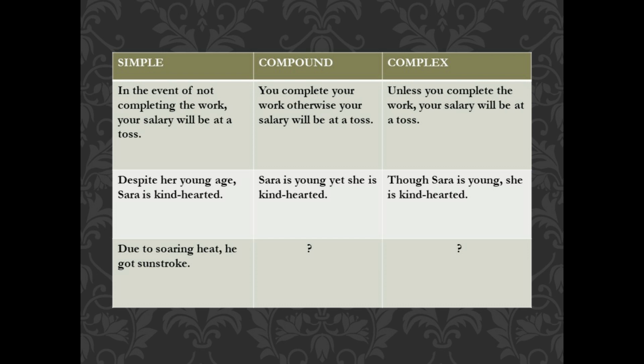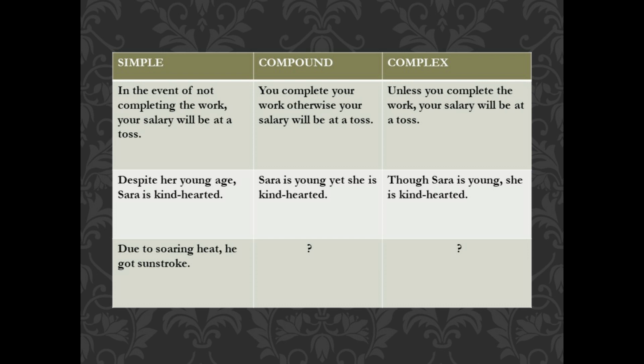Okay, so here in this complex sentence, you might notice that you have a comma there. After "unless you complete the work," you have a comma. Why is that so? Let's suppose this sentence was reordered as, "Your salary will be at a toss unless you complete the work." In this case, you will not have a comma anywhere.